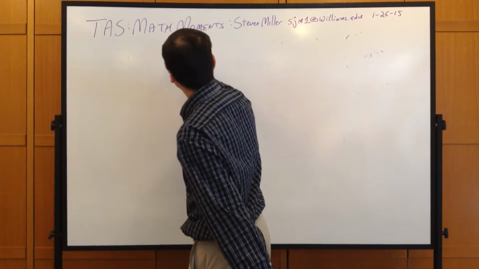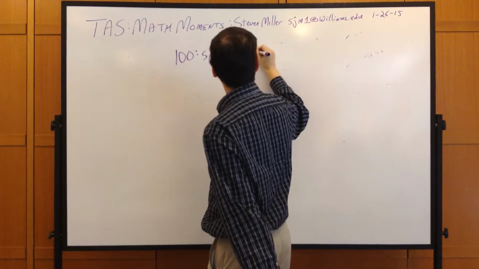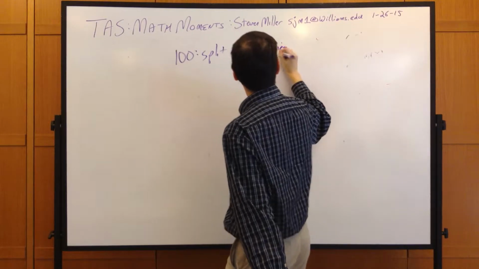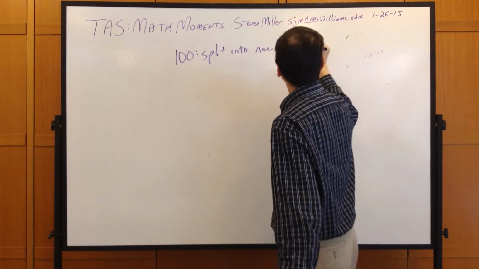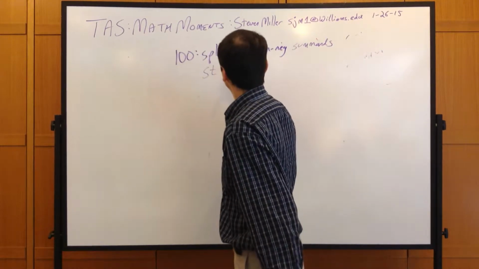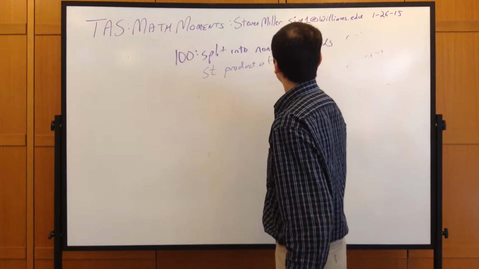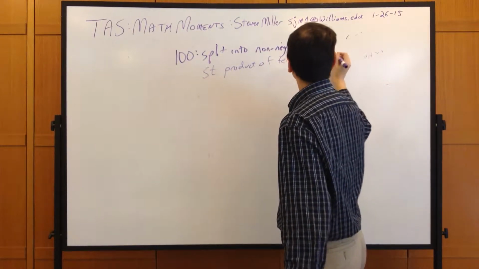You have the number 100, and you want to split it into non-negative summands such that their product is maximized.